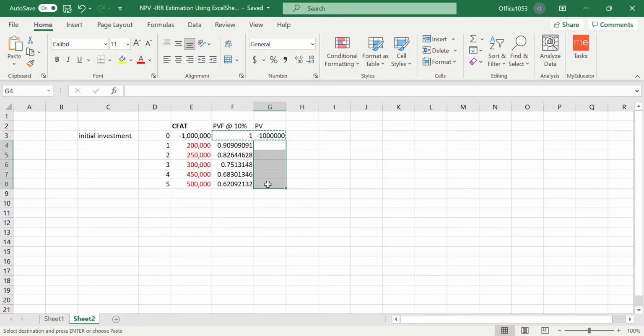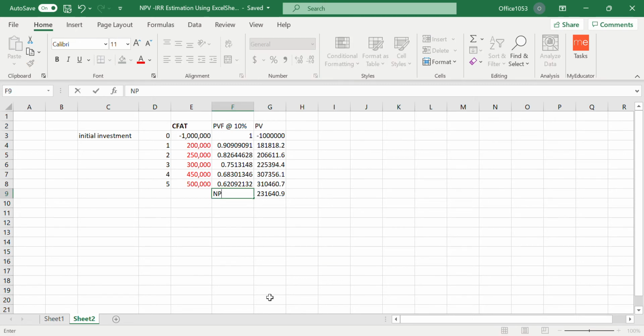Present values are here. We add all these numbers, we get the NPV.